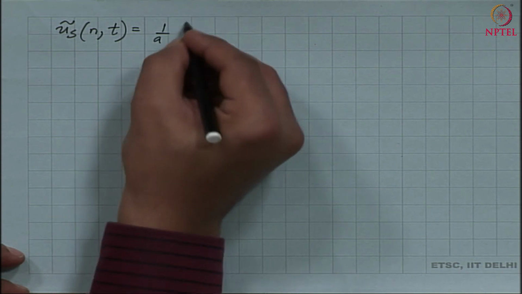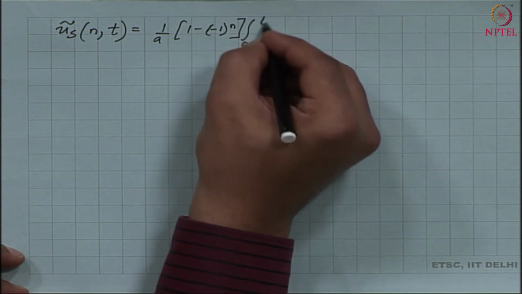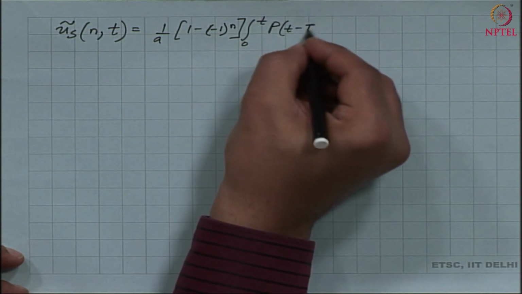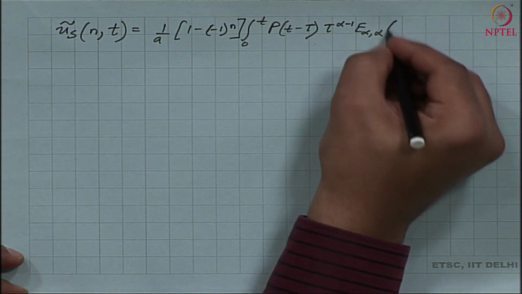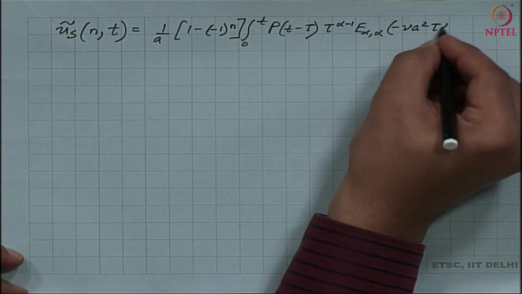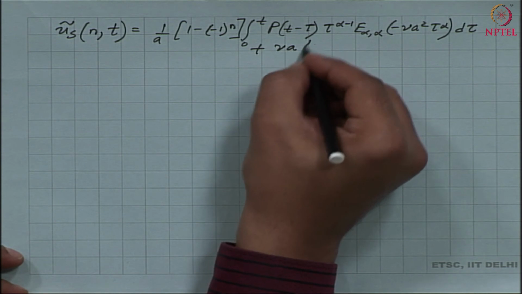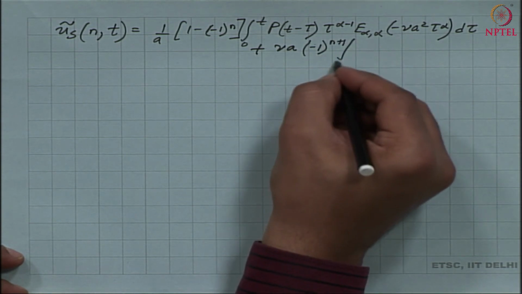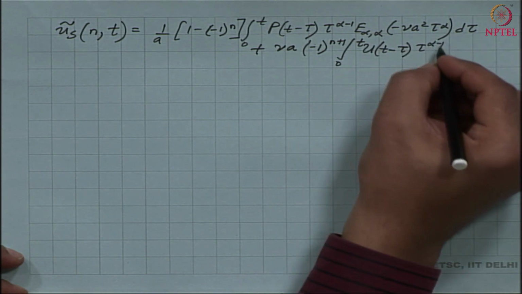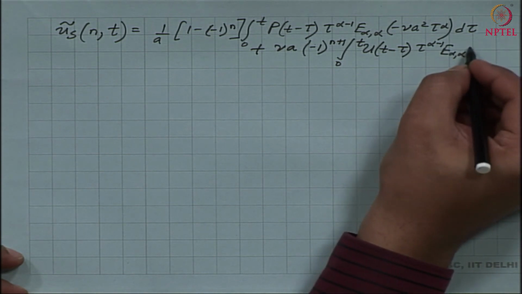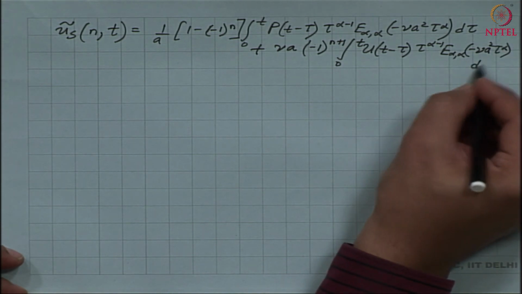The solution is as follows: 1 minus minus 1 to the power n times the integral 0 to t of p of t minus tau times tau to the power alpha minus 1 E of alpha comma alpha of nu a square tau to the power alpha d tau, plus nu a times minus 1 to the power n plus 1 times the integral 0 to t of u of t minus tau times tau to the power alpha minus 1 E of alpha comma alpha of nu a square tau to the power alpha, and the integral with respect to tau.